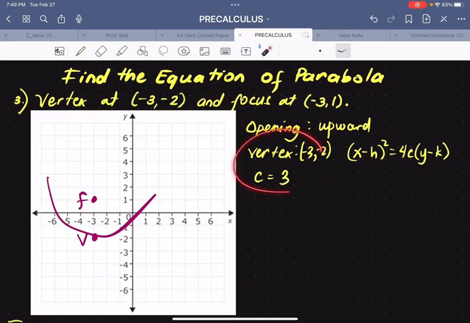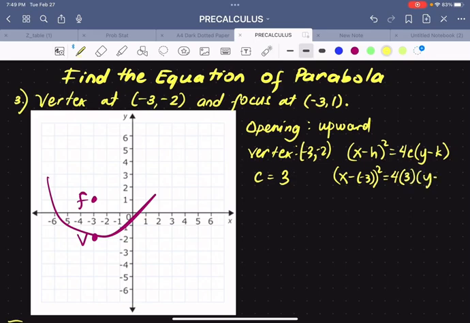Then let's substitute now this to the formula. So the equation of the parabola will become x minus h, that is negative 3, squared equals 4 times c, which is 3, times y minus negative 2. Okay, so our h, k is this one. This is h, negative 3, and our k is the negative 2.